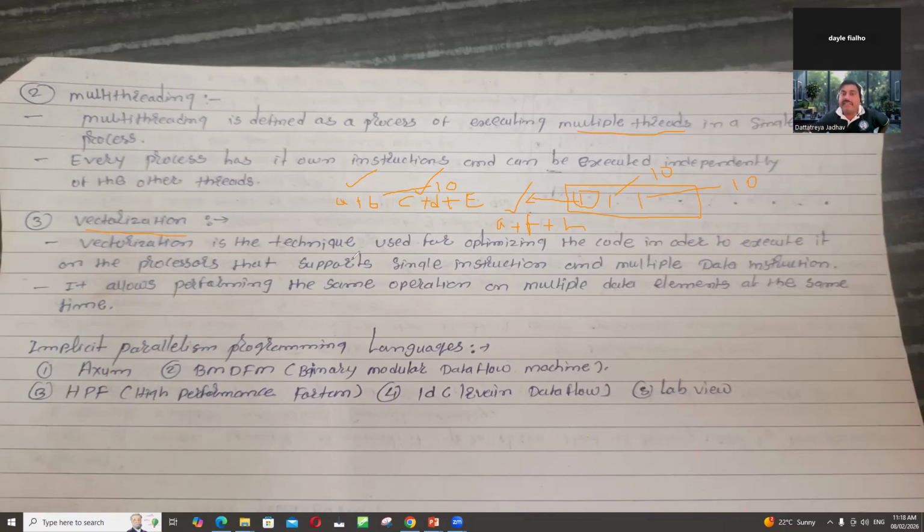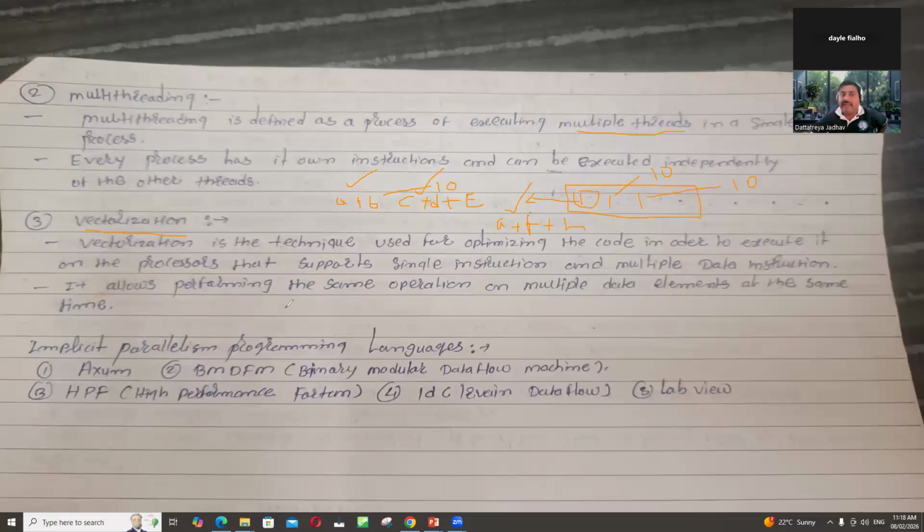Then vectorization is another concept. The vectorization technique is used for optimizing code in order to execute it on processors that support single instruction, multiple data instructions. Vectorization is capable of executing multiple data instructions. It allows performing the same operation on multiple data elements at the same time.